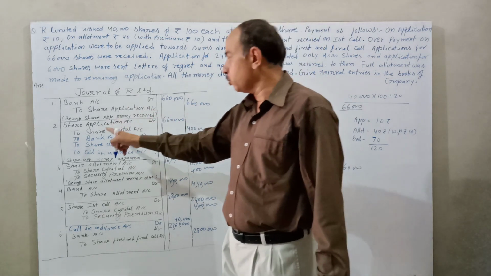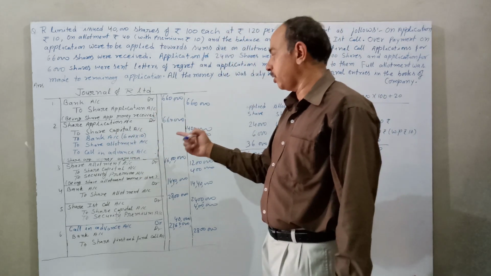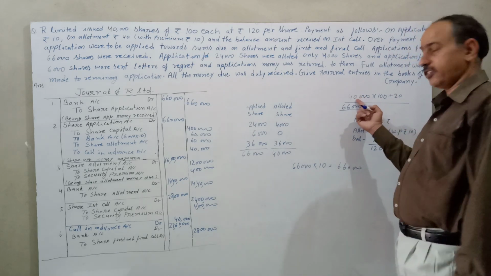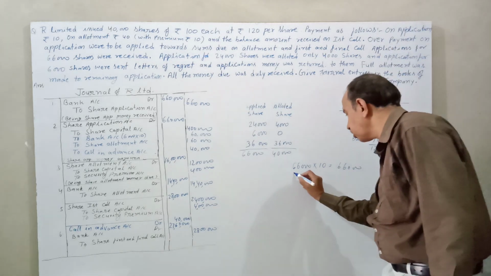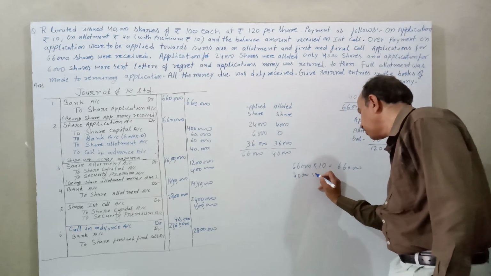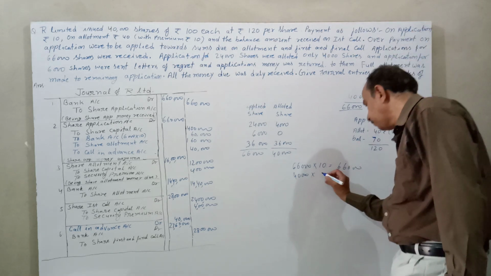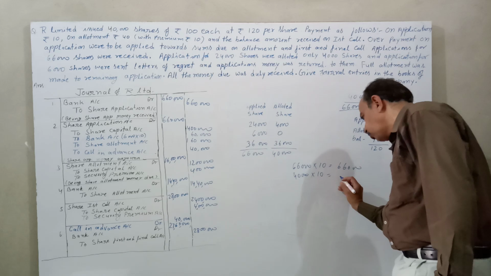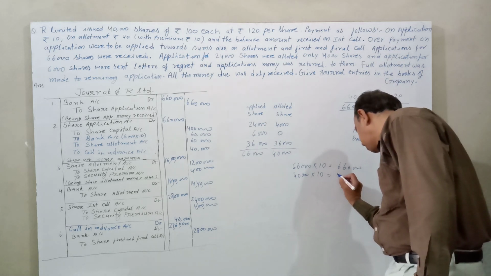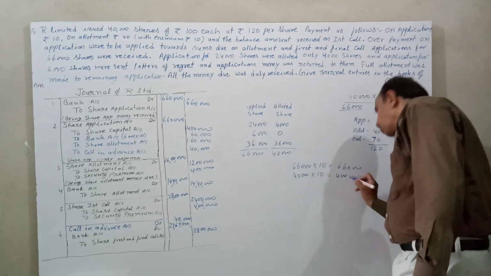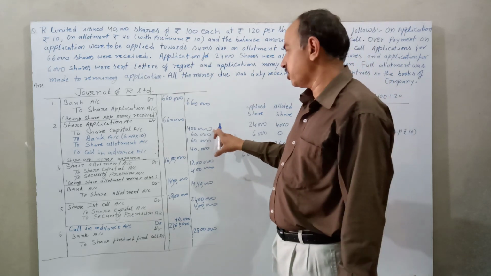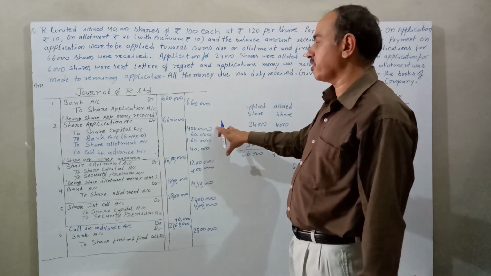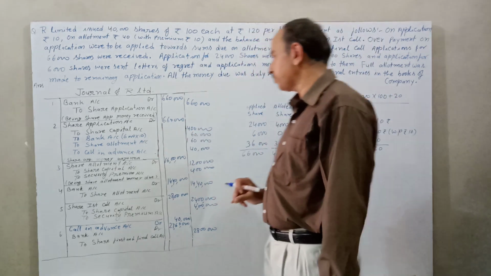To share capital, how much is the amount? How many shares were issued by the company? 40,000 shares, and the application value of each share is 10. So we multiply 40,000 by 10, which is equal to 4 lakh. Out of 6,60,000, 4 lakh is transferred to share capital.